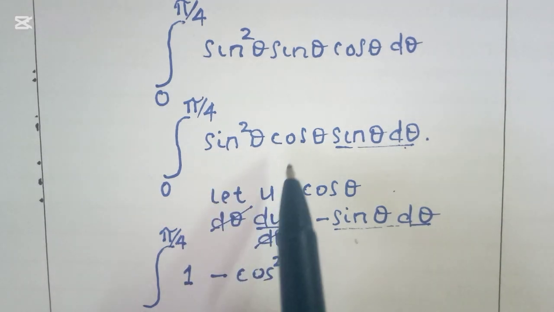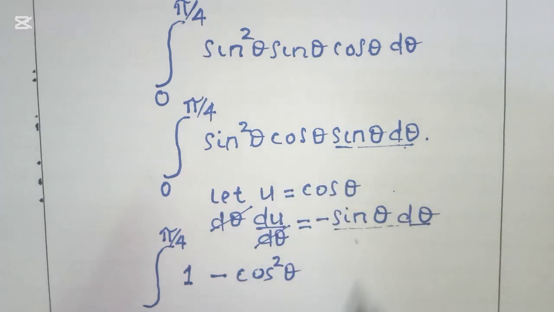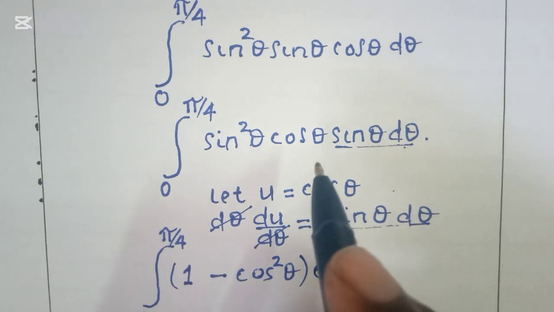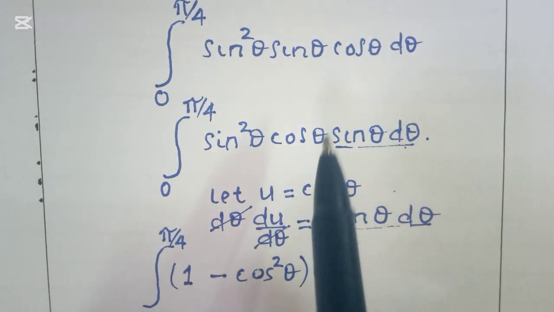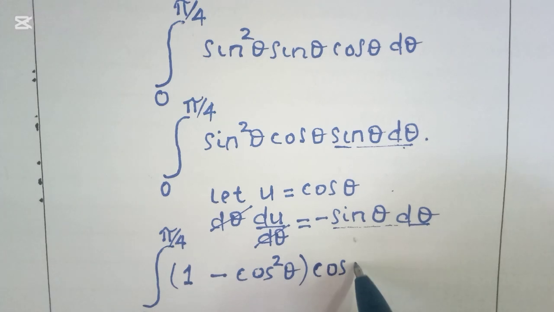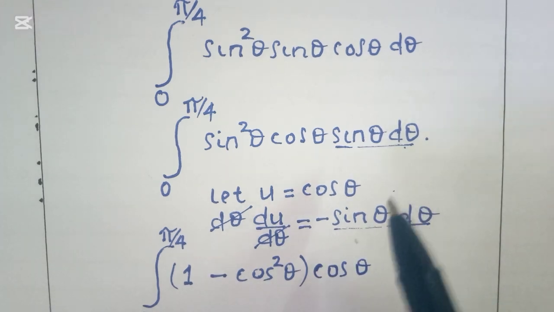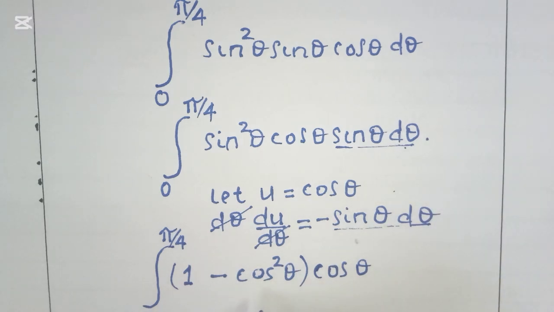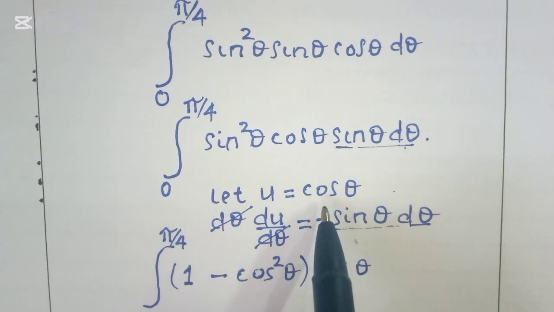So from there, guys, now I can write my cos squared here. This is cos, is it squared? It is actually not squared, it's just cos theta. And then I can come and replace my du, because what we are doing, we want to replace cos theta with u.